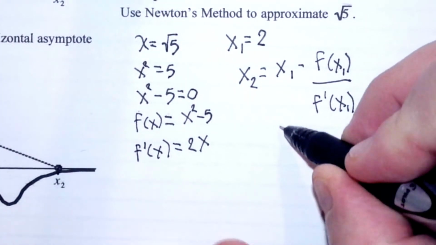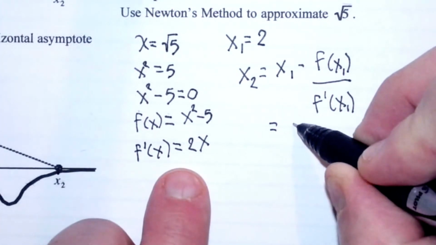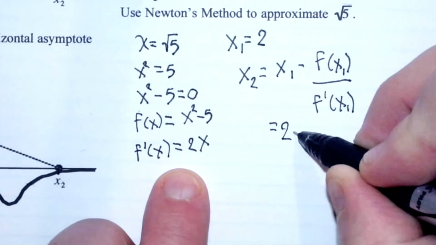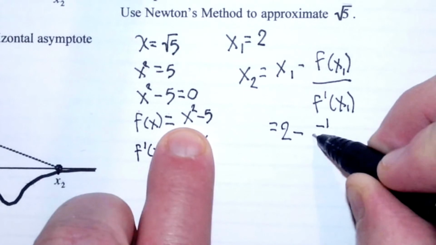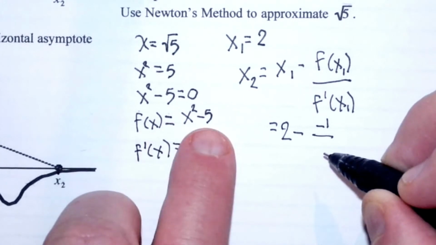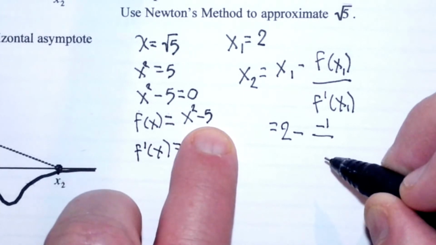So this is going to be 2 minus f of 2, which is going to be negative 1, right? 2 squared minus 5 is 4 minus 5, or negative 1.